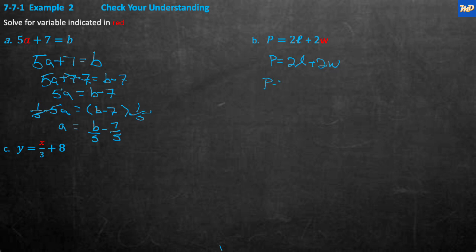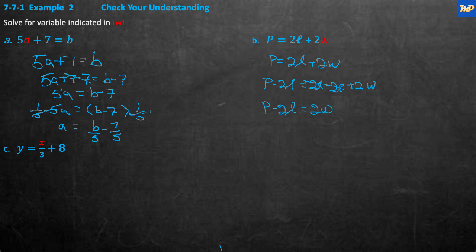P minus 2L is equal to 2L minus 2L plus 2W. So the 2L's cancel, and we have P minus 2L is equal to 2W.